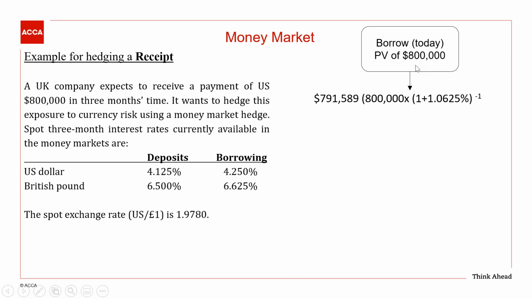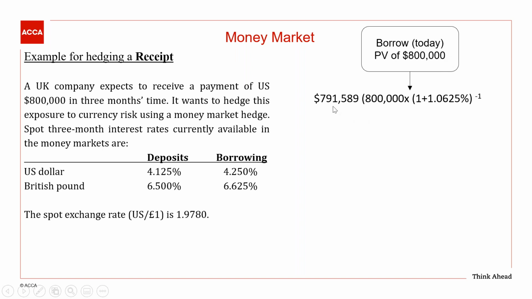But we will not need to worry because we are expecting a receipt of $800,000, and that $800,000 will be used to pay this debt, which is going to increase to $800,000 in 3 months' time. So the foreign currency receipt will be used to pay a foreign currency debt. So we no more need to convert these $800,000 after 3 months, because these will be straight away used to pay a debt which is in the same currency.